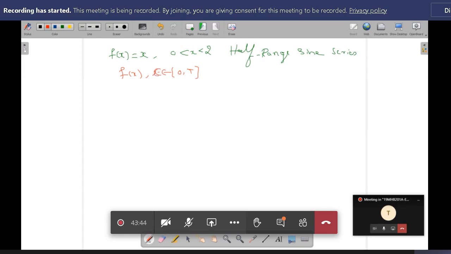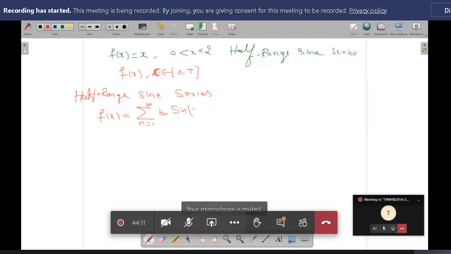Now the definition for half range sine series is f of x equals summation n running from 1 to infinity bn sine n pi x by t.